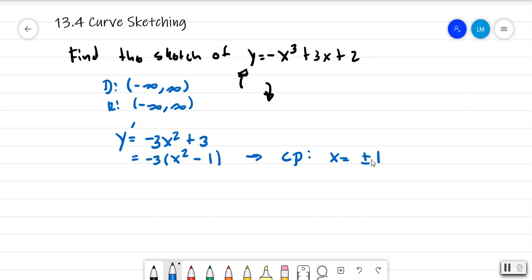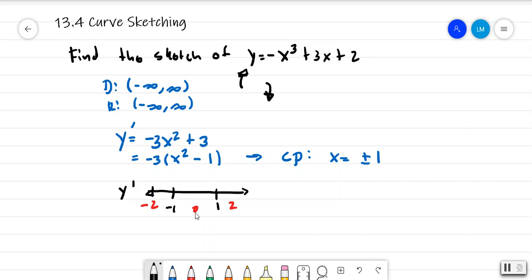We can figure out the behavior of the graph if we use -1 and 1, and then find some test points such as 0, 2, and -2, and plug them into our derivative function.